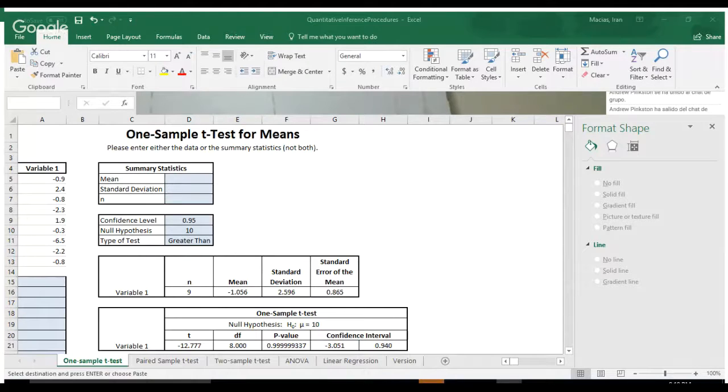I think it's 2. That's what I got. Yeah, that's what I got. Okay, 2.